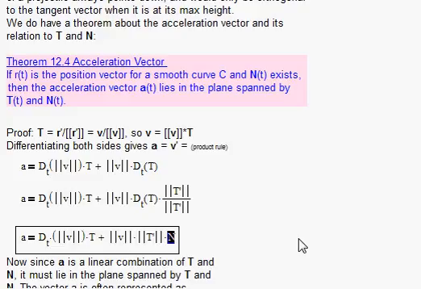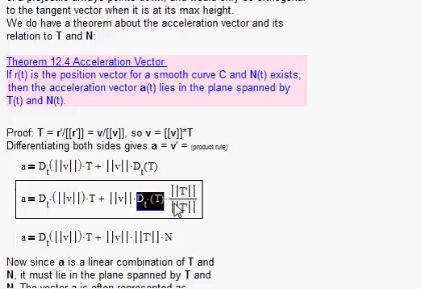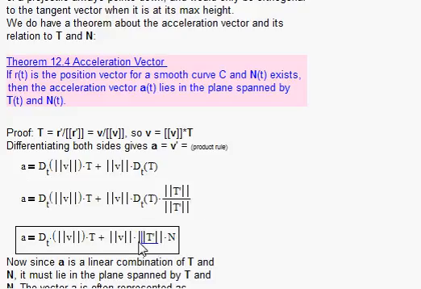I hope that's understood. In other words, this over this is the normal vector. So we've got that normal vector times the length of T prime, times the length of the velocity vector, and then the front part of that is the derivative of the length of the velocity vector times the tangent vector.